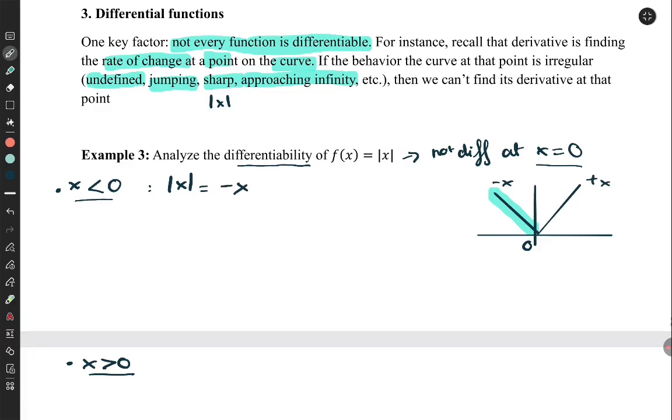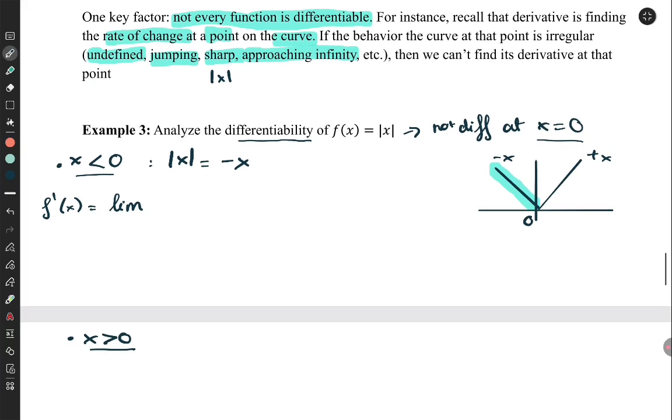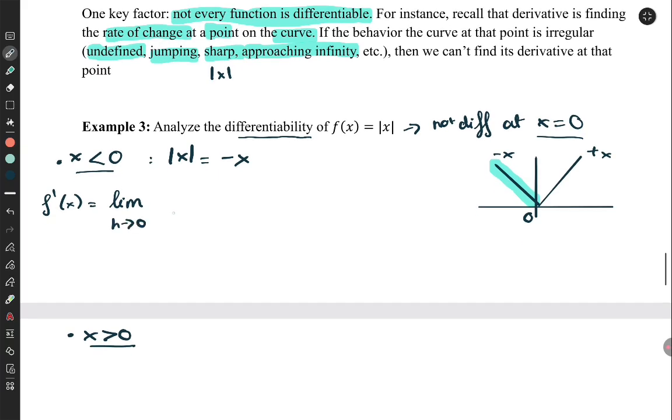If you know for sure x is a negative number, then the absolute value of x is negative x. We want to take the derivative. f prime of x is going to be, okay, this I hope from last week. If there's anything that you forgot, this one thing you shouldn't forget: the limit definition of derivative.